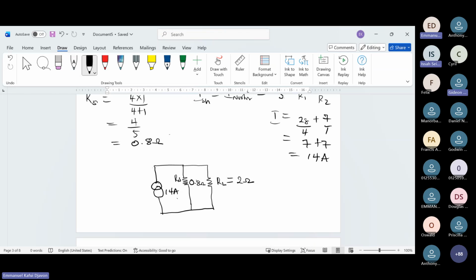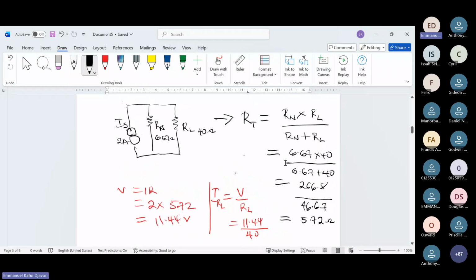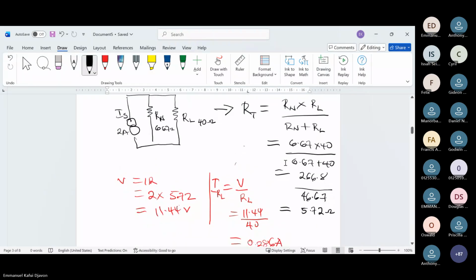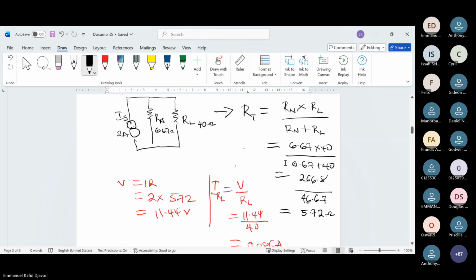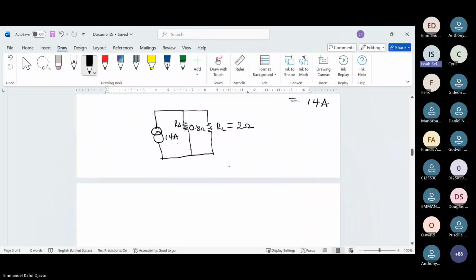So now you want to calculate for the voltage. Since we know the supply, we have to calculate for the total resistance. So here, what are you going to do?